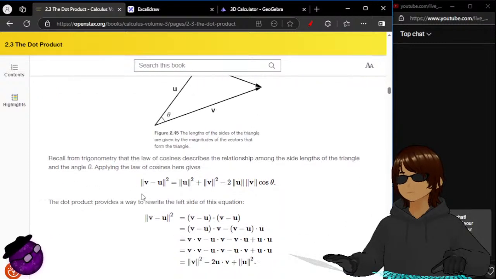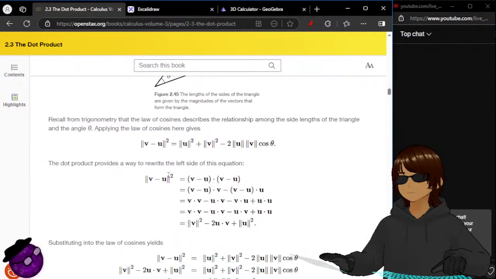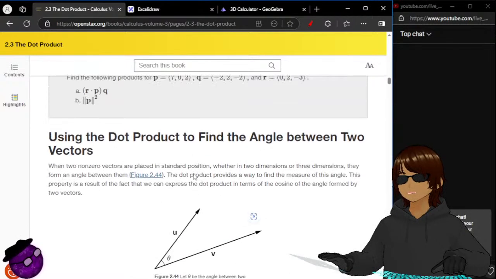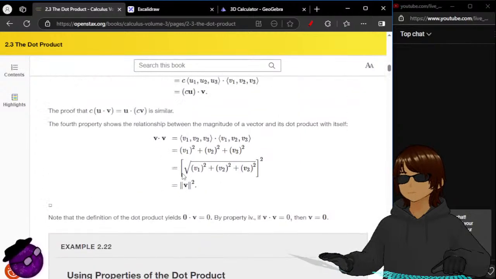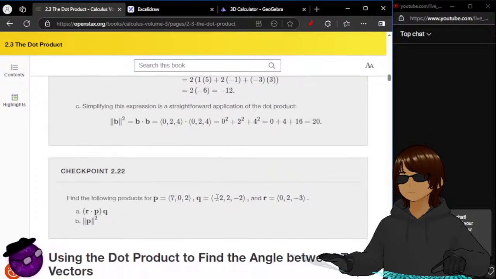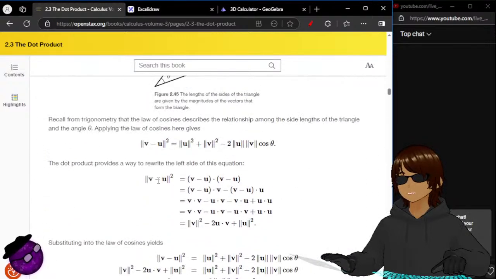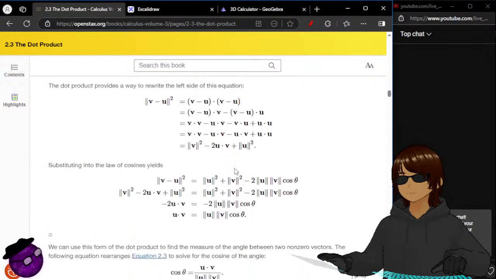The dot product provides a way to rewrite the left side of this equation as this. Oh yeah, what's the property called? Property of magnitude. So we can write this like this, and then we can use the other property and end up with this.